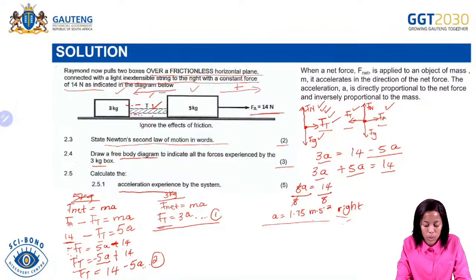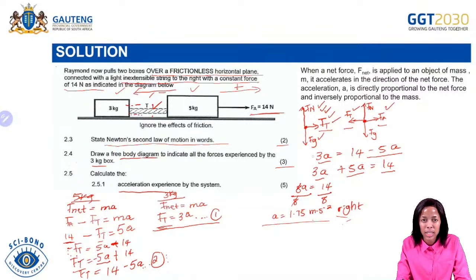So for the 5 kilogram block, it is going to be the force applied minus the tension, and then we calculated so that we can make Ft the subject of the formula. For the 3 kilogram block, we only had the tension, so it was easy to make the tension the subject of the formula. From there, what did we do?